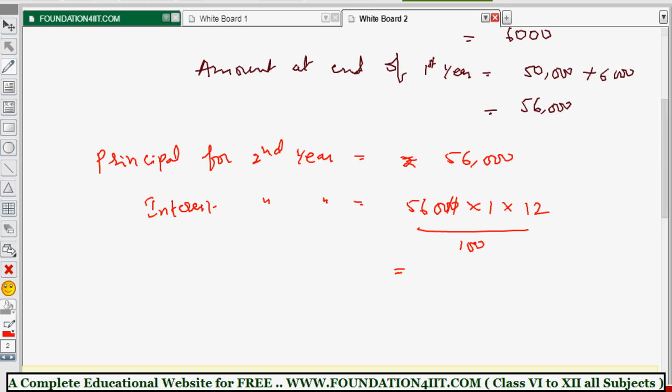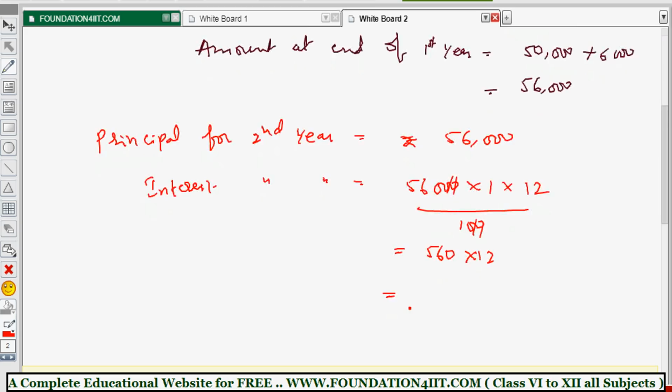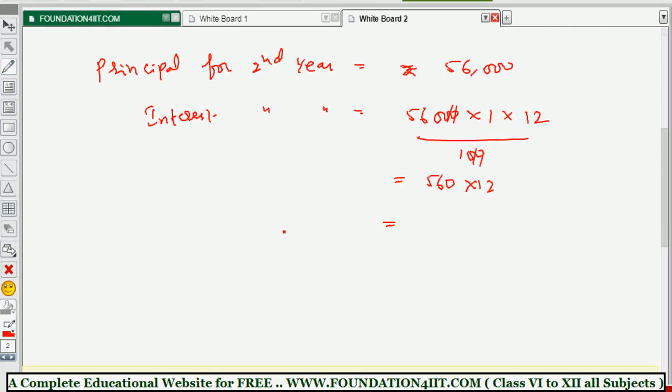Cancel the zeros, 560 into 12, multiply both: 6,720 is the interest for the second year.